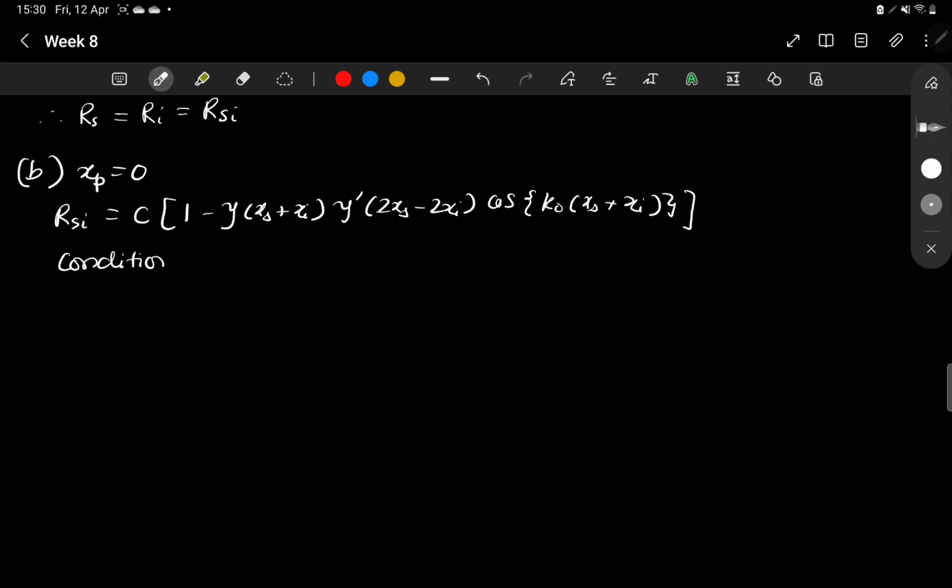Now for the condition, the other term, that is gamma prime delta L prime, should be equal to 1.